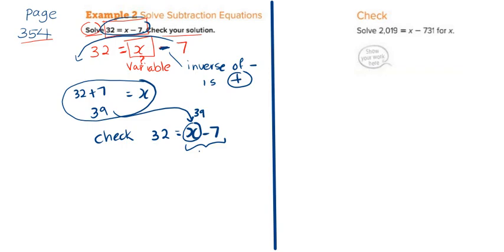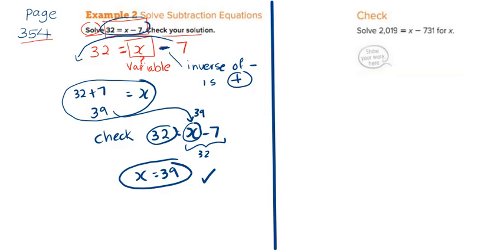And yes, it is 32, which is what is in the equation. So we can definitely conclude that x is equal to 39, because when we put it into the equation, it makes the equation true.